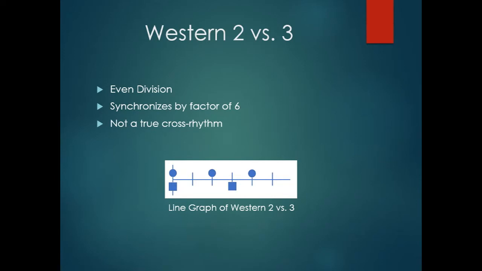So if we divide the pulse into 6, we have synchronization. So here you'll see if we have 2 versus 3, we can actually evenly play this 1, 2, 3, 4, 5, 6. So it's an even division.